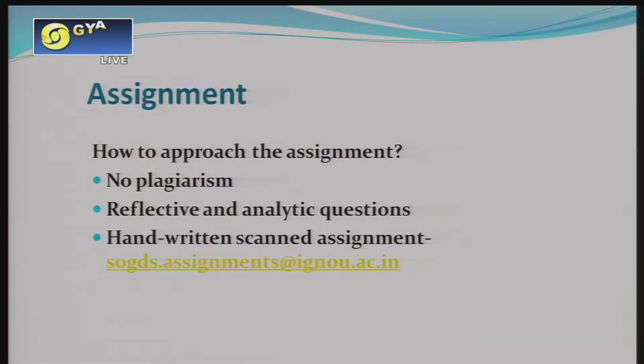After completing your assignments, you scan them and send the scanned assignments to the email ID provided on the website itself, along with the assignment questions. That is SOGDS.assignments@ignou.ac.in. While writing the assignments, we don't accept any plagiarized assignments.